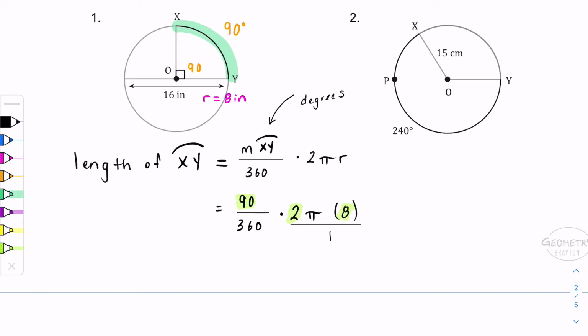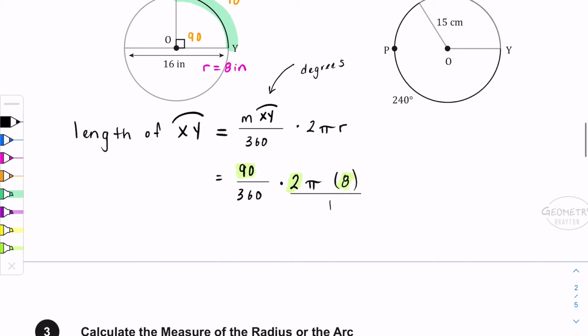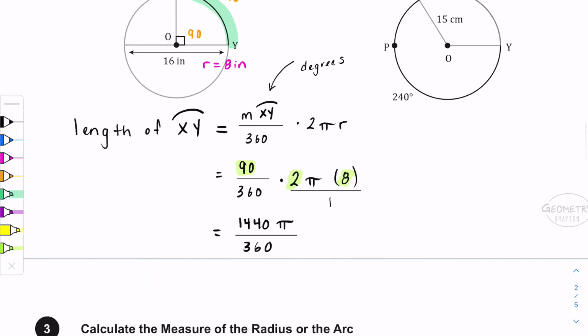But when I multiply 90 times 2 times 8, my new numerator becomes 1440 times pi, divided by 360 times 1, which is just 360. Then we're going to see if we have a number that goes equally into the numerator and the denominator.